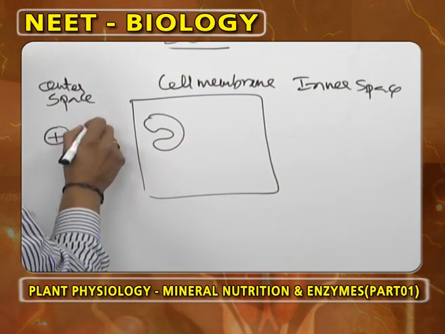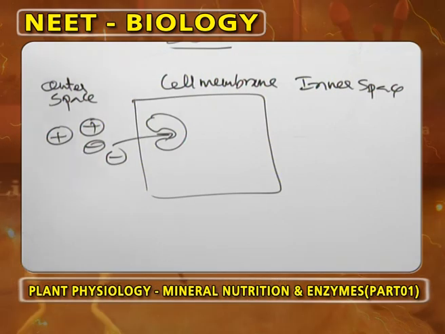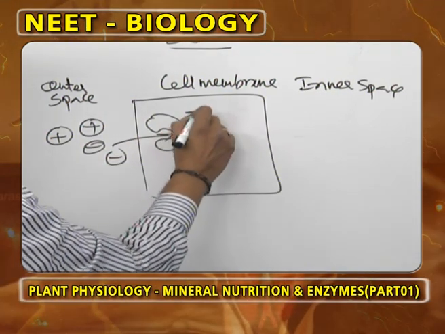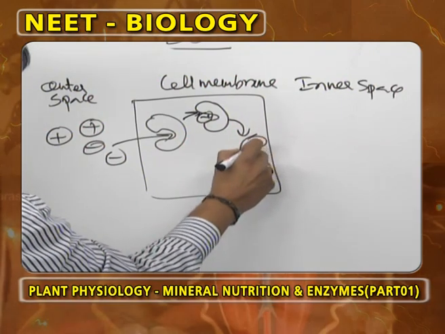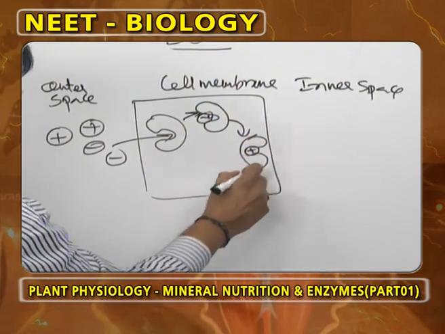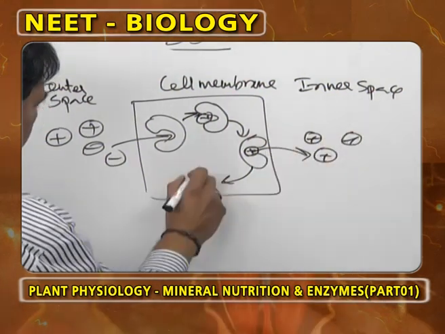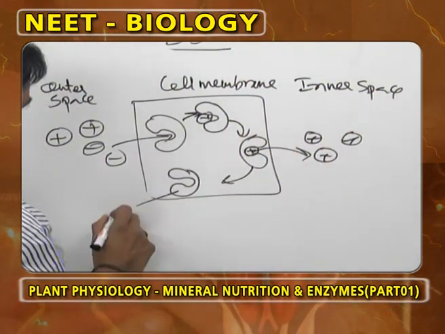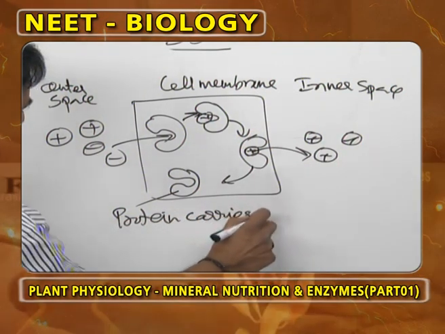Here ions are present. These carriers take the ions and become ion carrier complexes. Once they come here, they show conformational changes and liberate the ions inside the inner space and come out without any change. These are popularly called protein carriers.